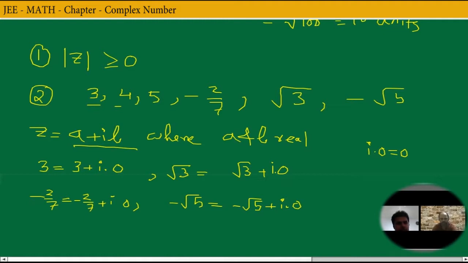let me write in the chat box so that you can take a note. Real numbers are complex numbers whose imaginary part is 0.